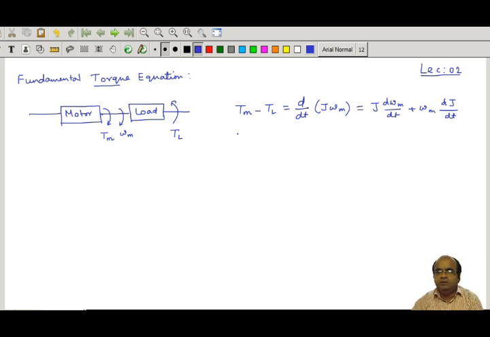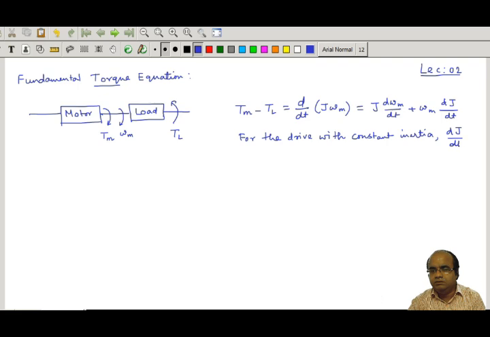Then for the drive with constant inertia, obviously dJ/dt, the derivative of inertia, becomes 0.